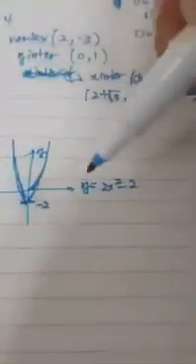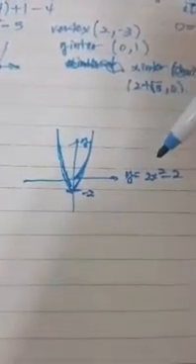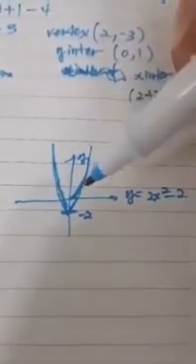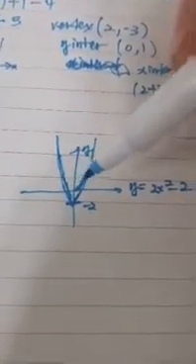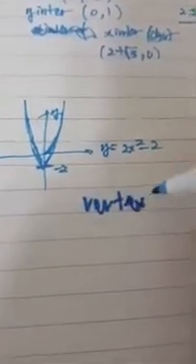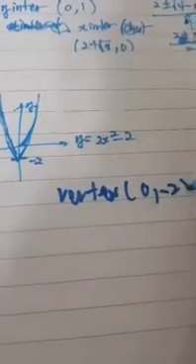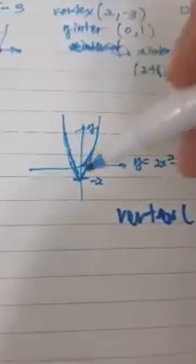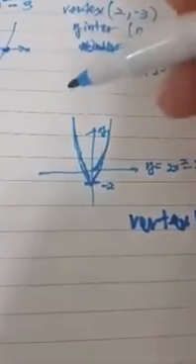However, in this y equals 2x squared minus 2, first of all, the vertex is not at the origin. It's at the vertex (0, negative 2). Okay, and then the width is also more narrow than this parabola.